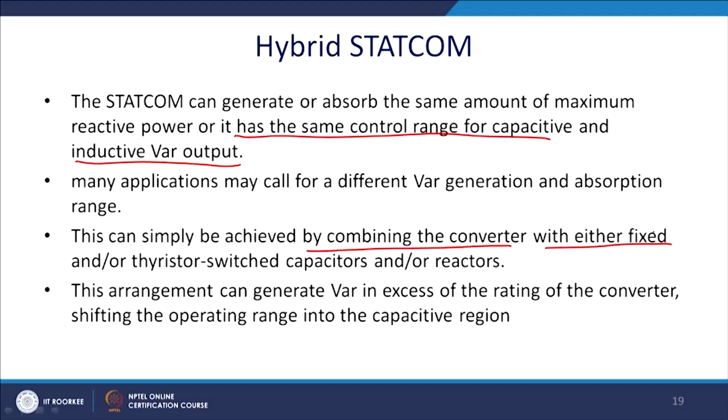So, it can simply be achieved by combining the converter with either a fixed or thyristor switched capacitor or reactor. So, it is a combination of the Statcom and the SVC. For this reason it is called the hybrid Statcom. This arrangement can generate excess VAR over the rating of the converter, shifting the operating point into the capacitive region.